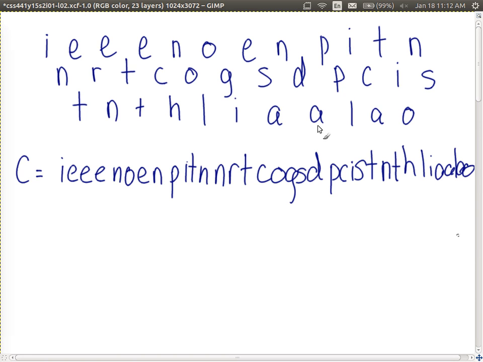Oh, A, L, A, O. We can still use frequency analysis attacks to break this because, again, we expect in most cases the letter E to be the most common in plain text. So the letter E still remains in here. So there's nothing changed here. But we need to determine the depth.